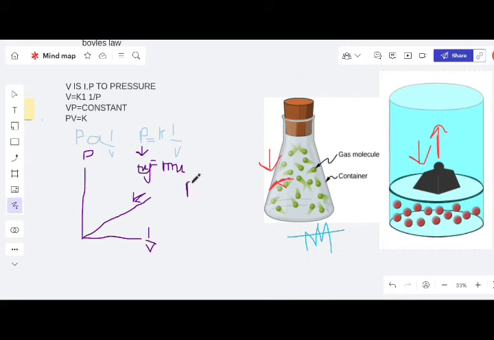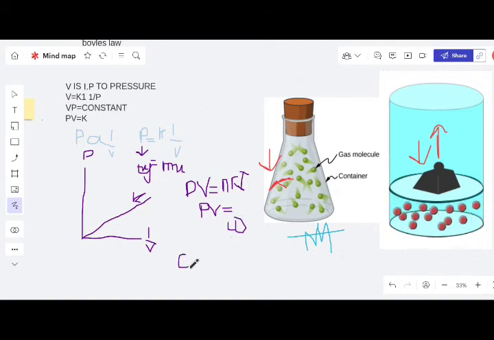We know that PV equals nRT, and PV is equal to a constant. The number of moles is constant, and the universal gas constant is constant.